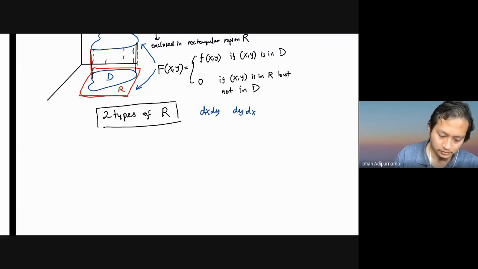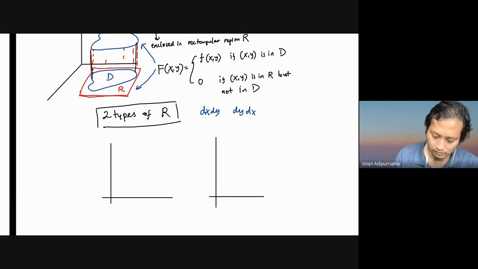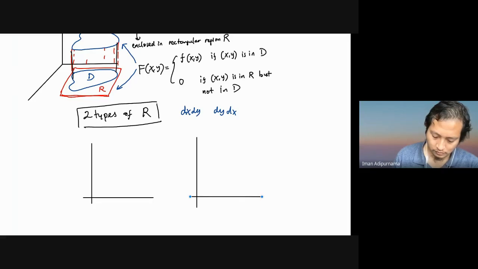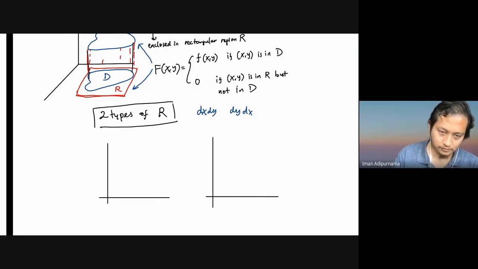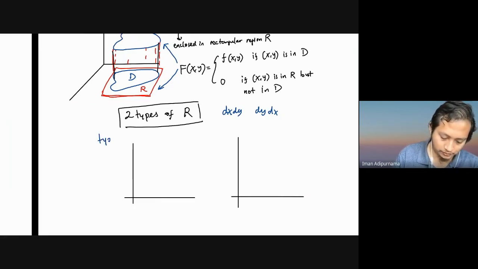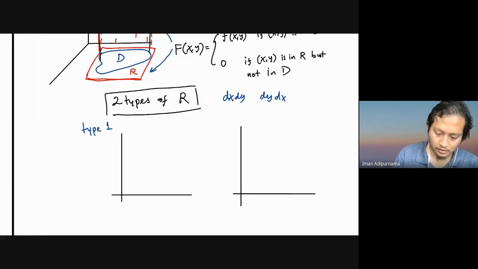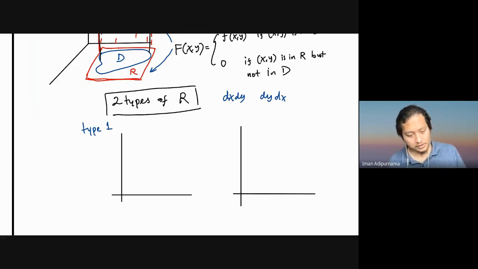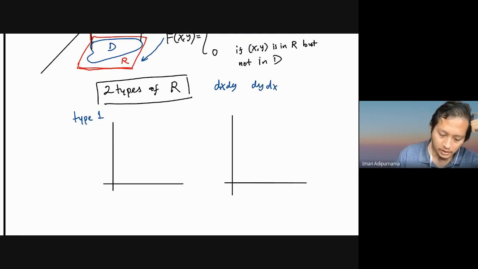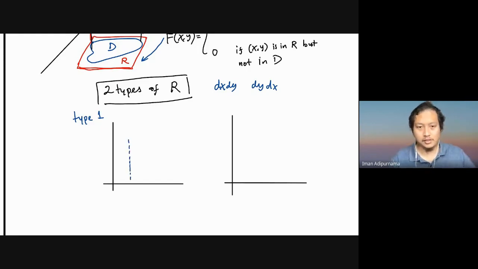For example, let's say this is type 1. In your textbook, they mention type 1 and explain something, and then type 2. I will just give you the summary, and you can look up and try some exercises.